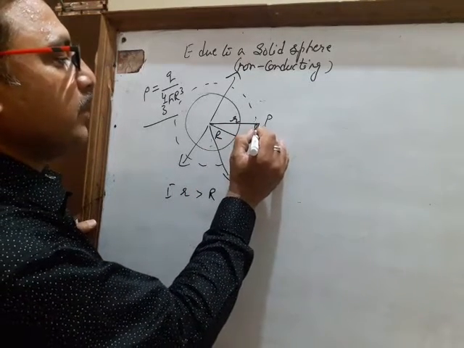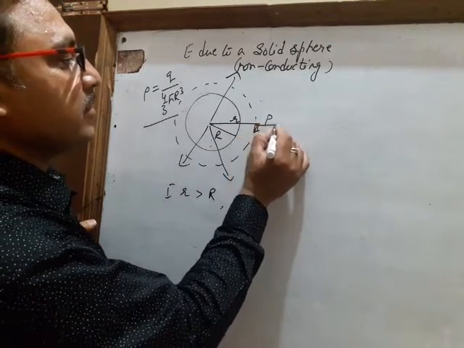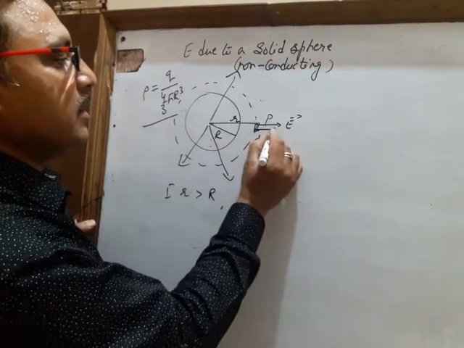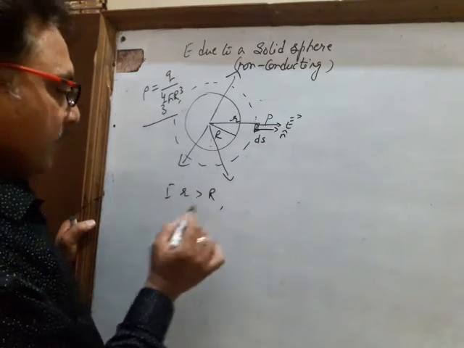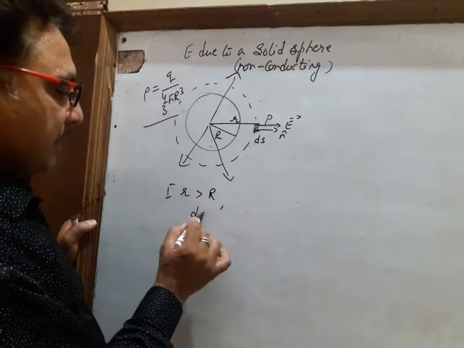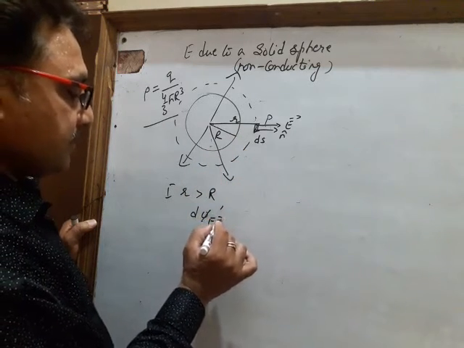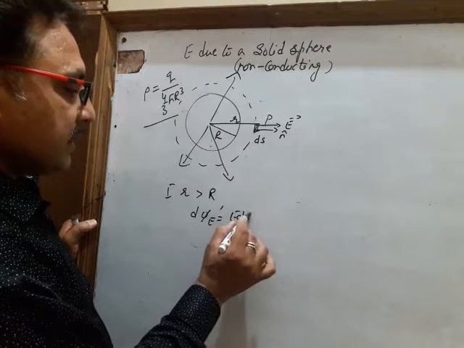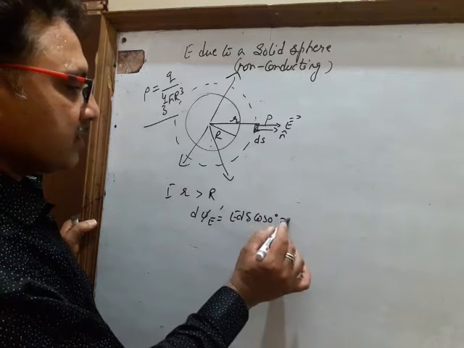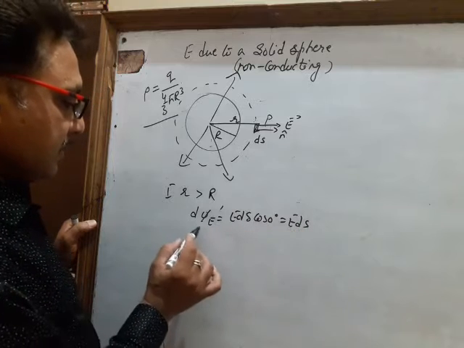So for elementary surface area ds, you draw the field vector and n cap. Once again, d phi E, the flux through this small area ds, this is how much? E ds cos 0. So this is E ds.